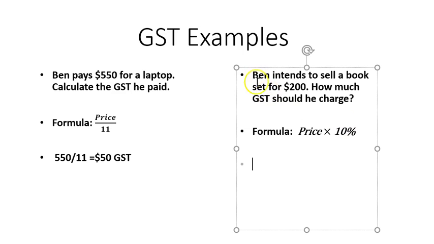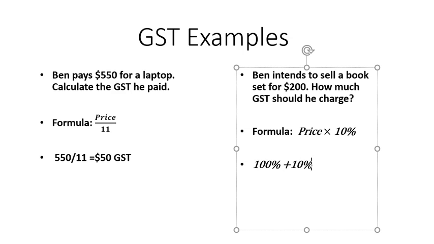Again here, another question. Ben intends to sell a book set for $200. How much GST should he charge? So in this case, the question is talking about a price before GST has been added. So we could say that is 100% of the value of the product, but we know we need to add 10%.